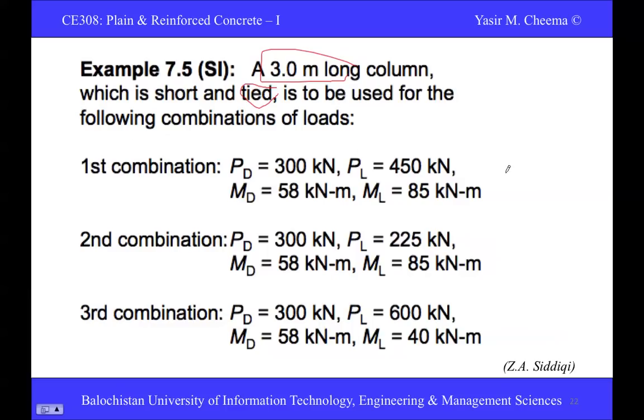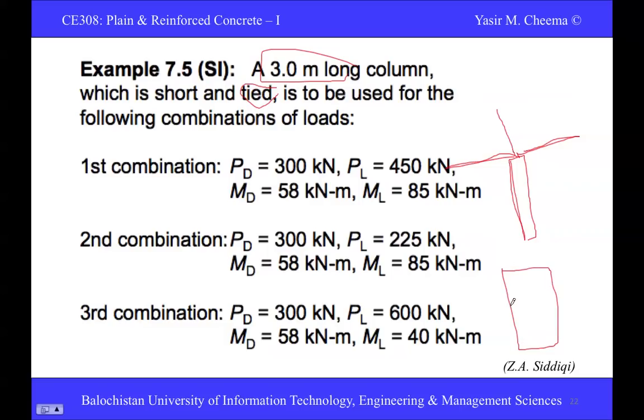Let's say, I give you an example. Let's say this is a column and it may support one beam here, one over here, and the other on this side. Similarly, let's say this is our slab area.